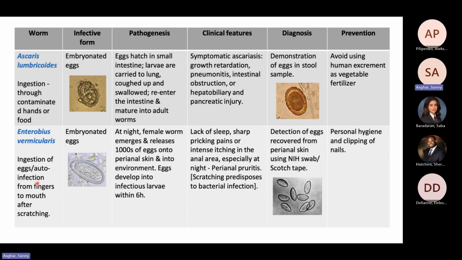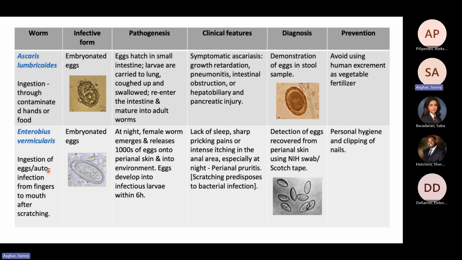I think the way that they wrote it is kind of off, but basically you see this occur more in kids because they usually scratch their butts or whatever, and then they touch their face with it, or other kids do that and touch their face, so it's also a fecal-oral route.